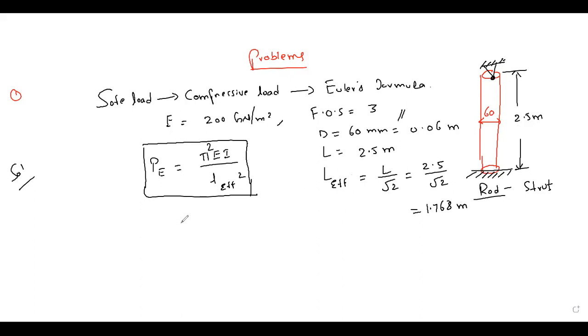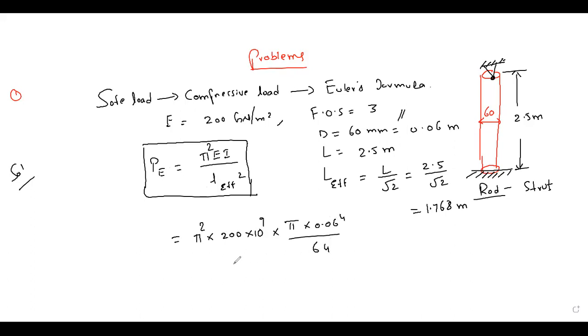Now, with the help of Euler's crippling load or Euler's buckling load, given by the relation, substitute the values here. Pi square. What is E? 200 into 10 power 9. And I: as it is a circular rod, what is the moment of inertia of a solid circle? Pi d to the power 4 by 64.